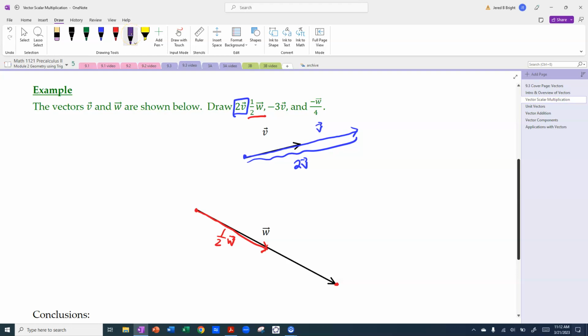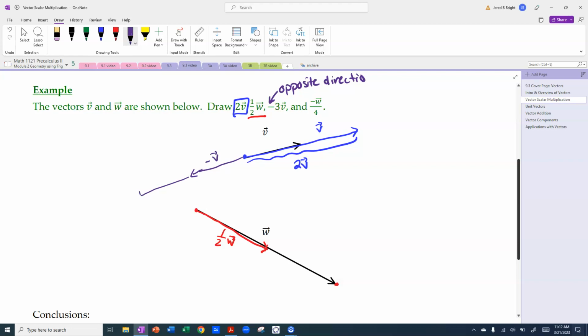Oh, but goodness, the story changes. -3v. What does negative do? Well, it would be -3 times as long, but lengths can't be negative, right? The negative changes direction, and specifically it's the opposite direction. Okay. So then for v, if this is the normal direction for v, I'm going to call that v in the opposite direction, and then I just need to go 3 times as long.